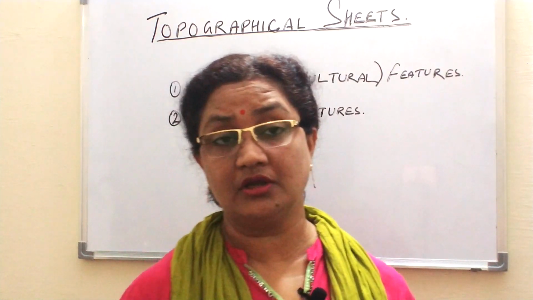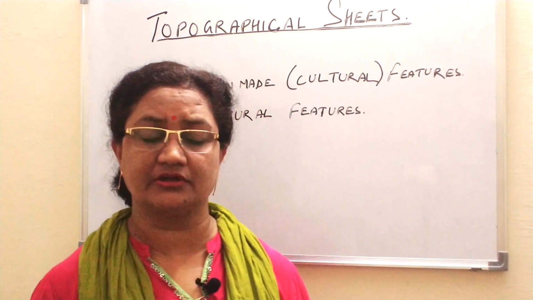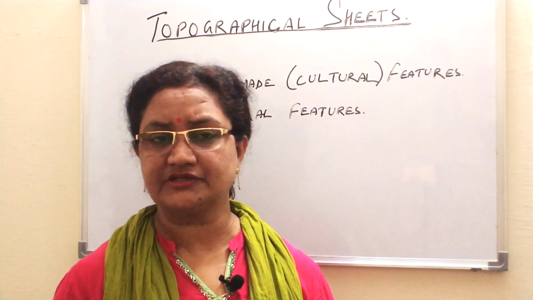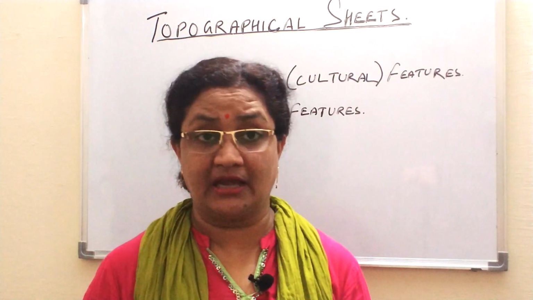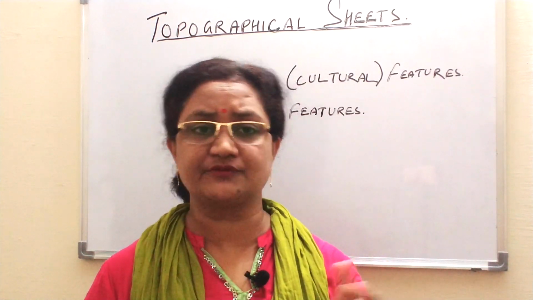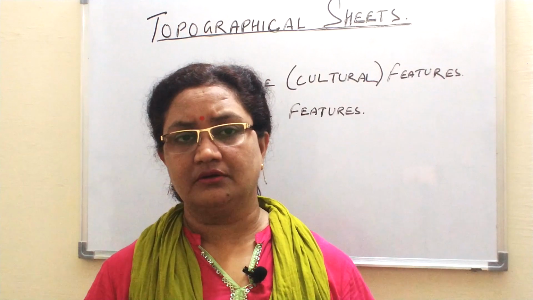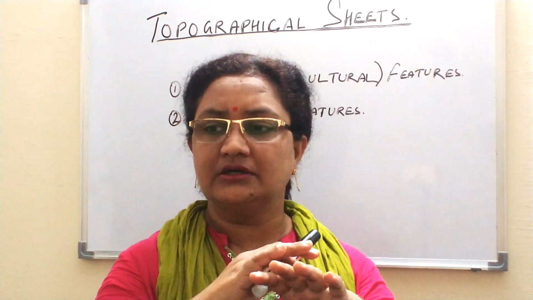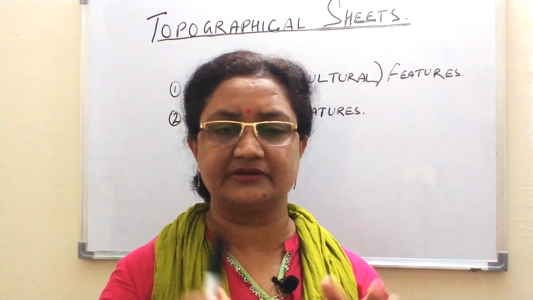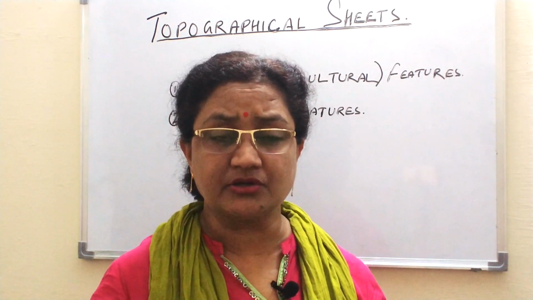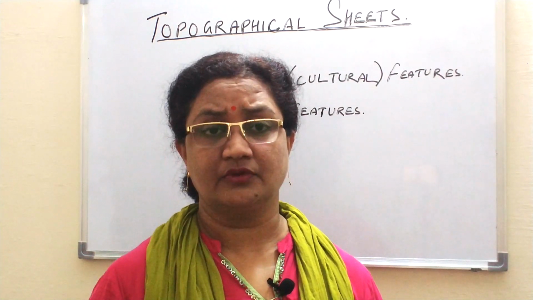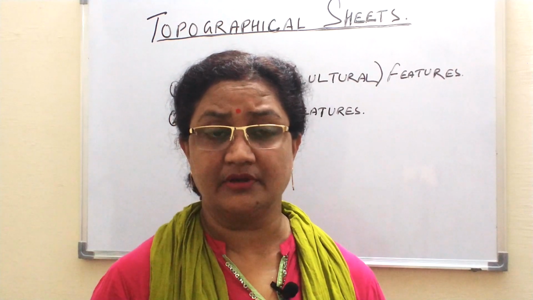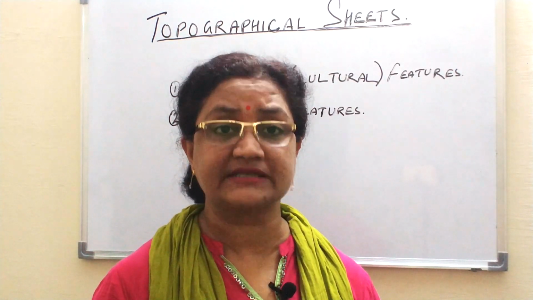Now in the topographical sheet or topographical map, what is so different? First of all, you all should know what a map is. A map is a two-dimensional representation of any part of land on a plain sheet of paper, and it should be drawn on a scale.